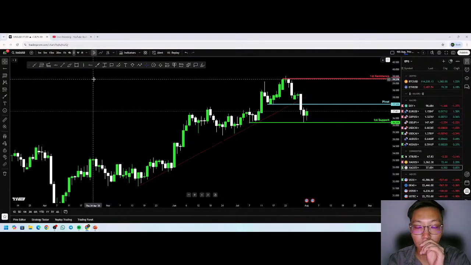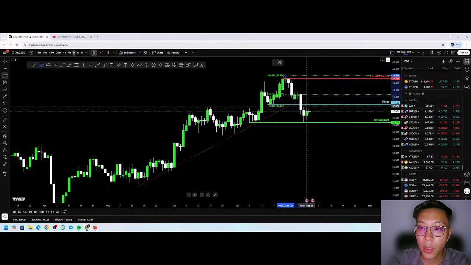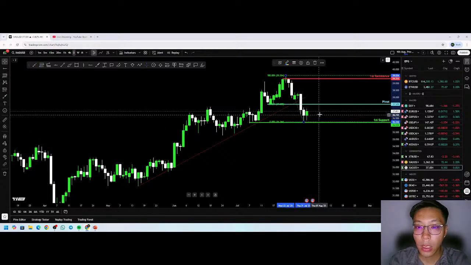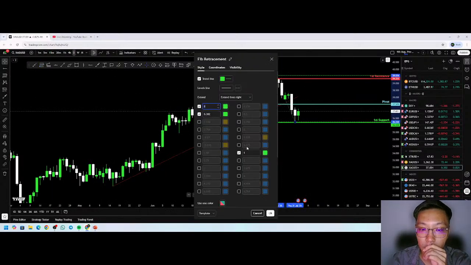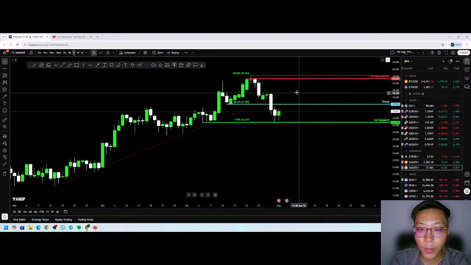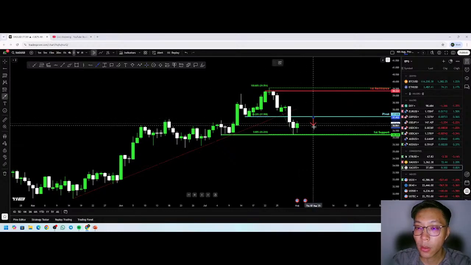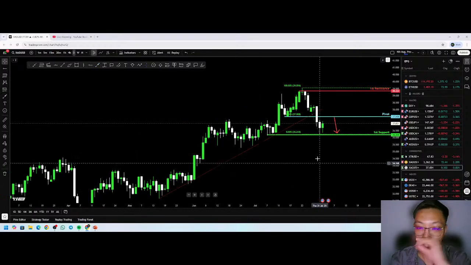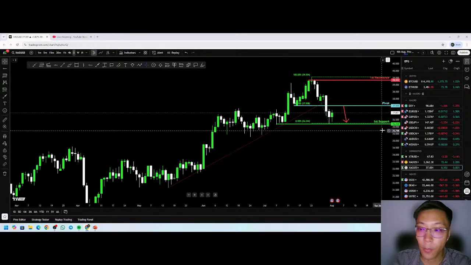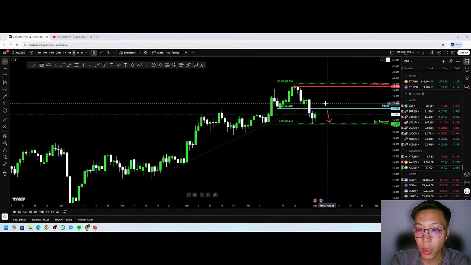Now let's take a look at whether we can find any Fibonacci retracement levels. Price aligns very nicely with our 38.2% Fibonacci retracement level, since price has broken past a very bearish trend line over here.